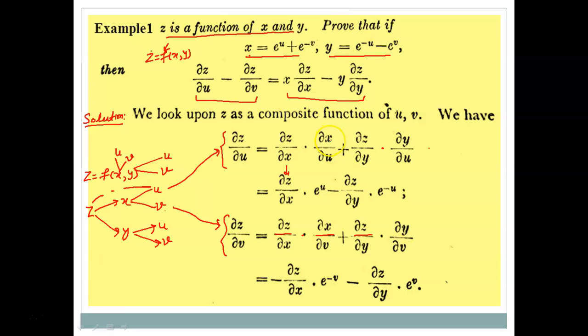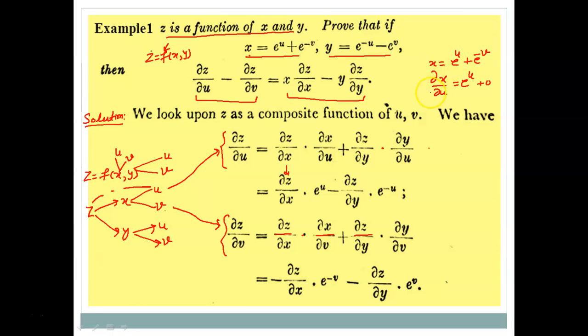But we can evaluate this del x over del u. How? Because you are given x as a function of u and v. And you can see when you are given x is equal to e raised to power u plus e raised to power minus v, then del x over del u is equal to e raised to power u, because the second variable will be treated as a constant, and therefore the derivative of the second part is 0.